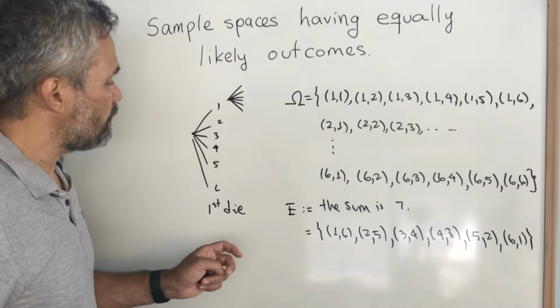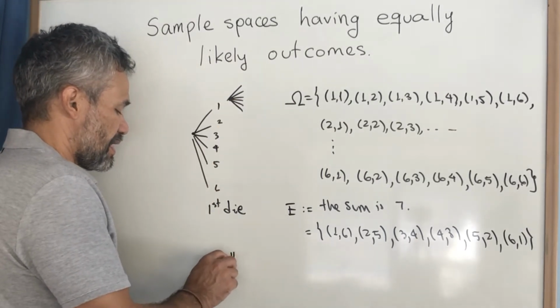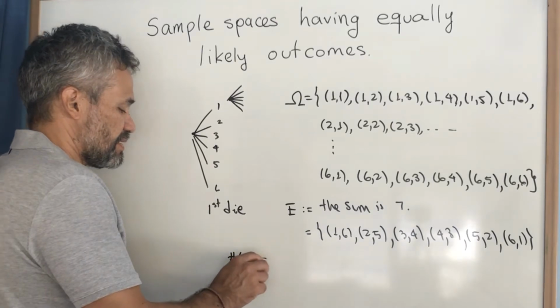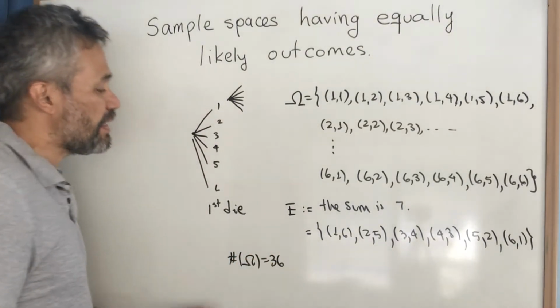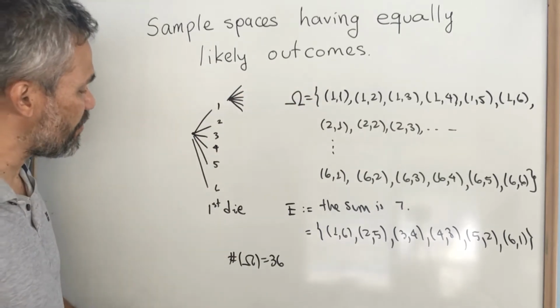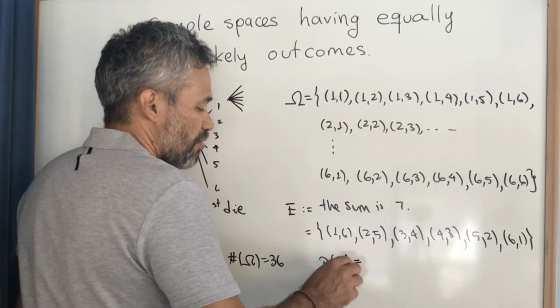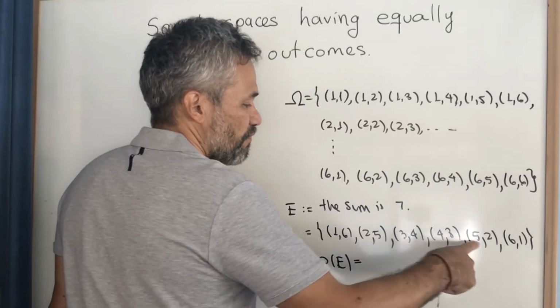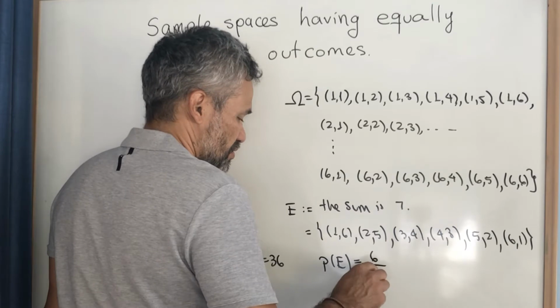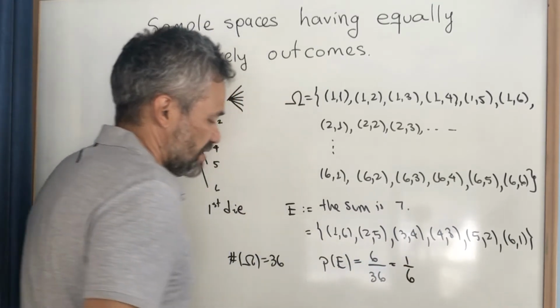Therefore, since this sample space has 36 elements, the probability of each outcome is 1 over 36, and for that reason the probability of this outcome is going to be 6 over 36.